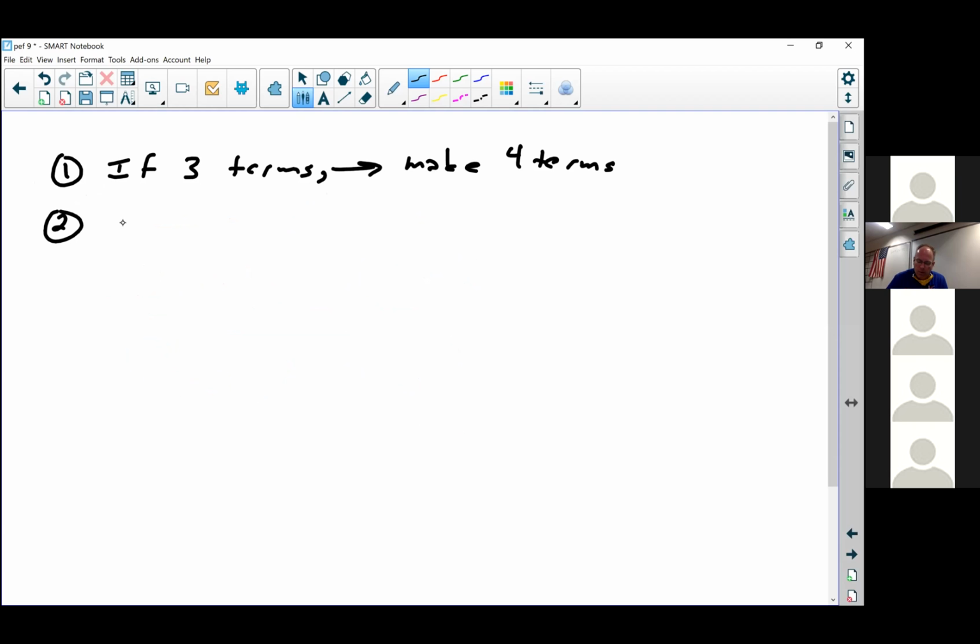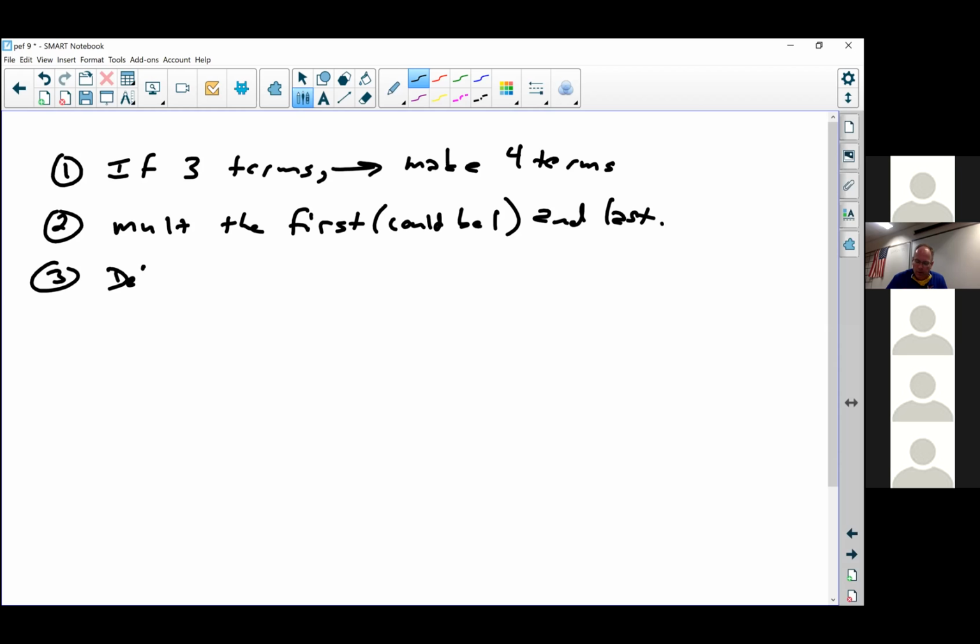Second step, multiply the first, and I'm going to say could be 1, and last, determine if it's positive, positive, negative, negative, or one of each.